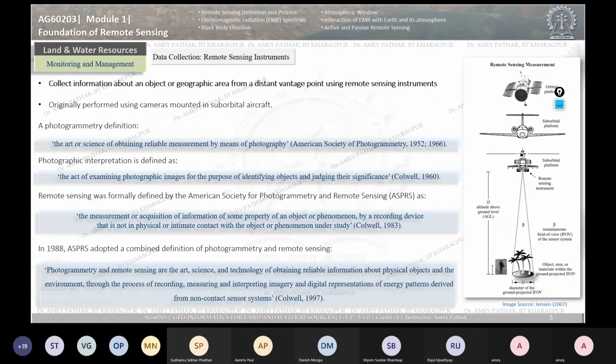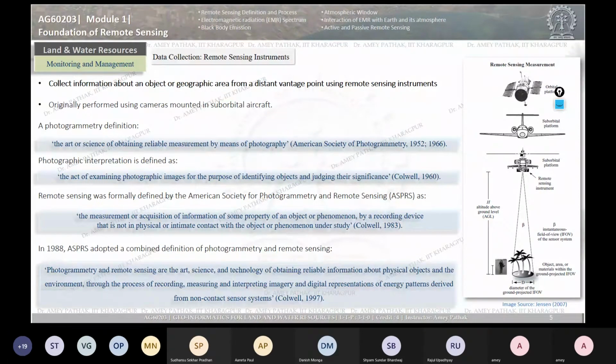Okay. And then our approach, as I discussed in the last class, should be that we have to assimilate data from different sources. So remote sensing, in addition to in situ data, will serve our purpose of land and water resource monitoring. Remote sensing means sensing the process or phenomena from a distance.